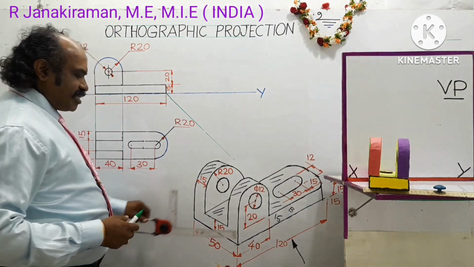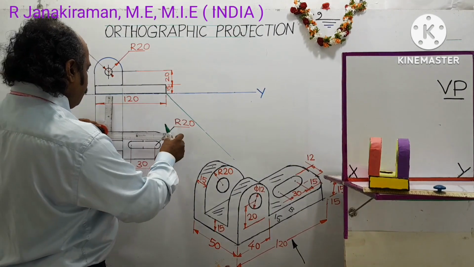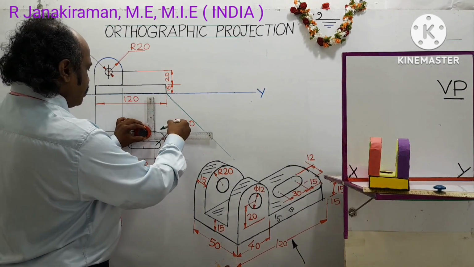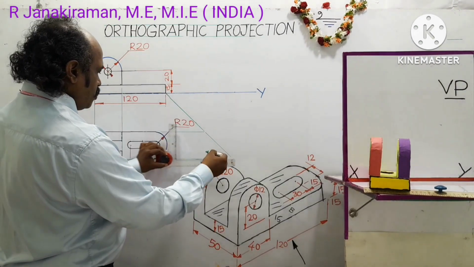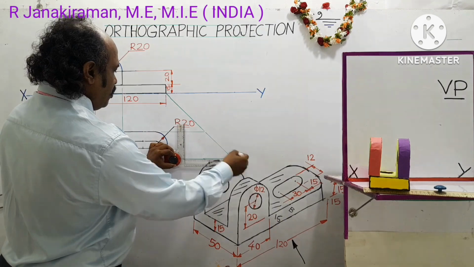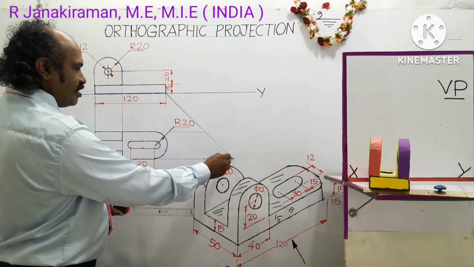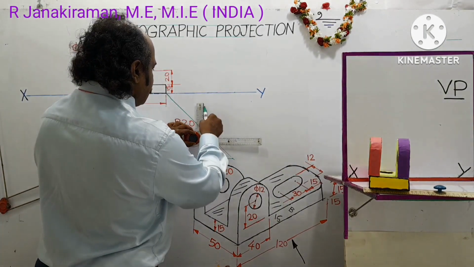So using the longer scale of a drafter, draw various projectors from the previous top view. This is the top view. Draw a horizontal projector. Where it touches the meter line, it intersects the meter line here and here. There you draw a vertical projector using the vertical scale of your drafter.